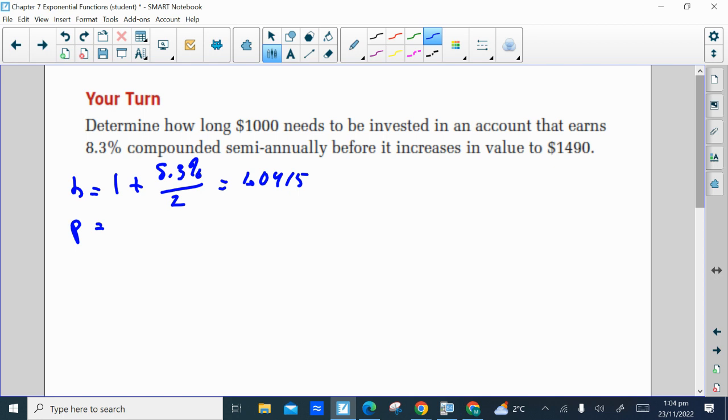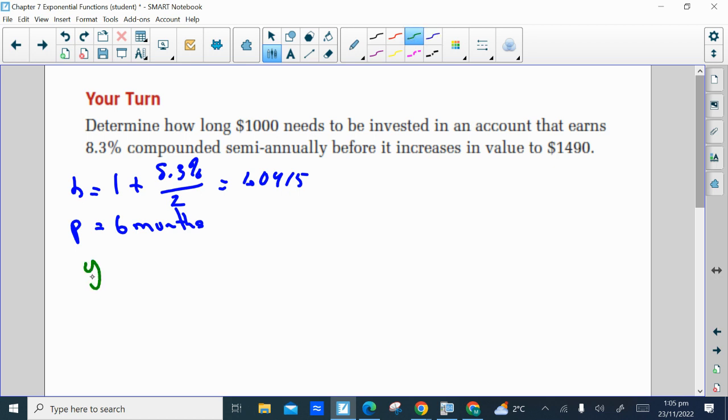In this case here, it's compounded semi-annually, which means twice a year or every 6 months. Okay, so when we find out our T answer, it's going to be the number of months that it'll take for this investment to become $1,490.